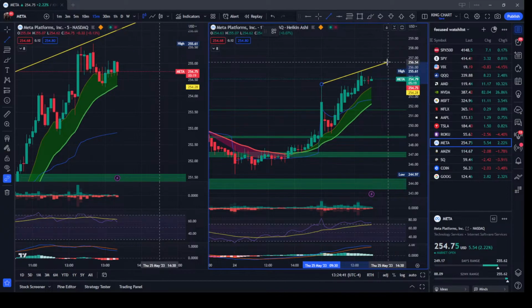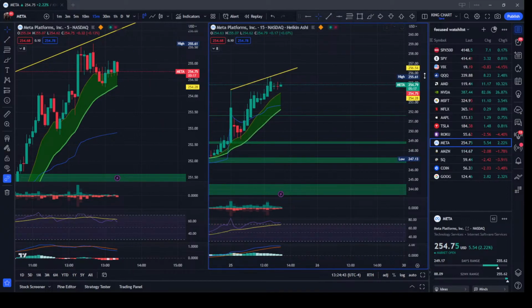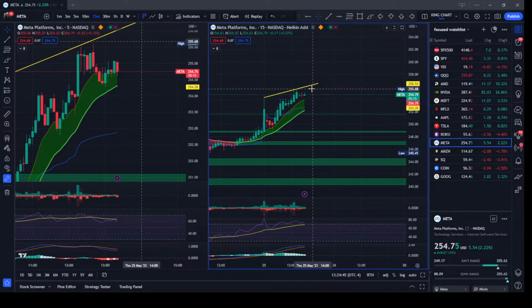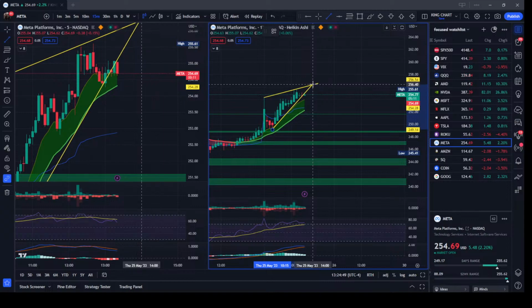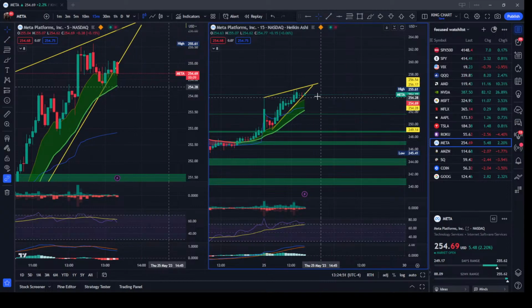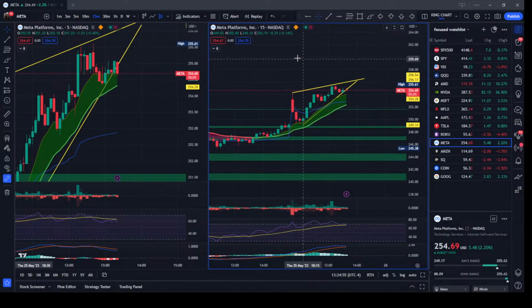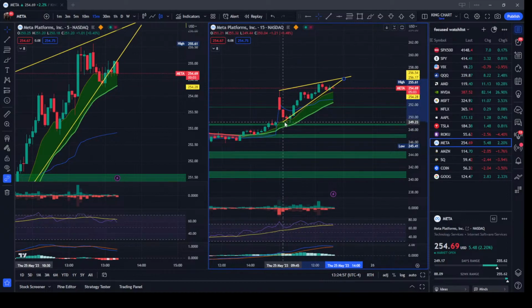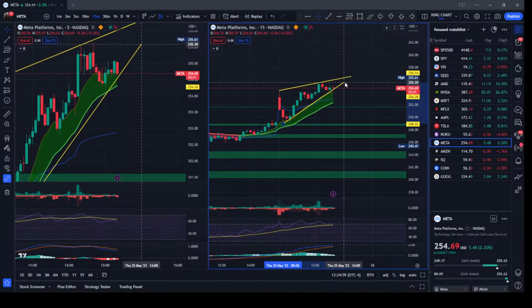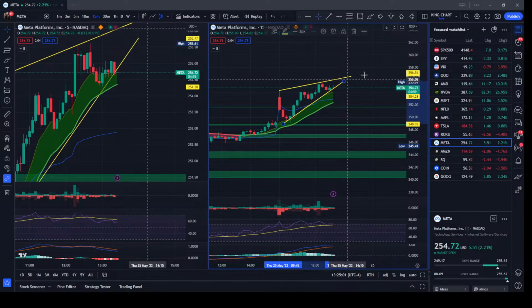Gonna drag it from there. Got the top. And probably from the bottom. Let's take it from here. Yes. Yeah, that looks good. Let's see how it looks on the regular candles. Hmm. Gonna move it a little bit. There we go.